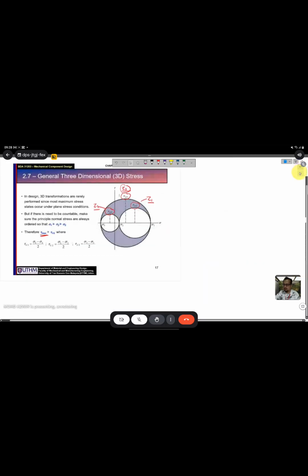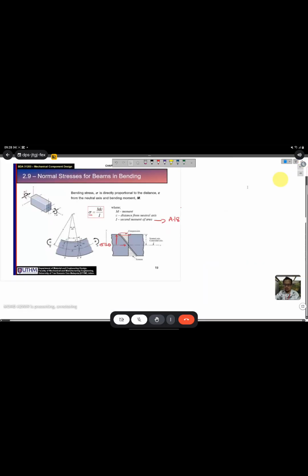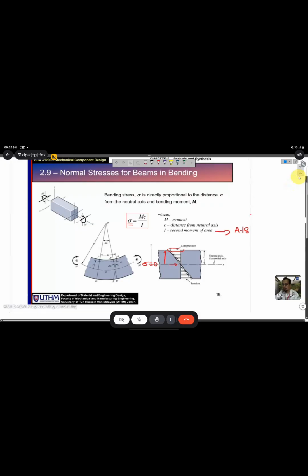Okay, so this value you're going to put inside the stress equation. This one, MB. Let's say you want to calculate stress at B. So M here you need to change to MB. C here you need to calculate. You need to know the diameter at B here.